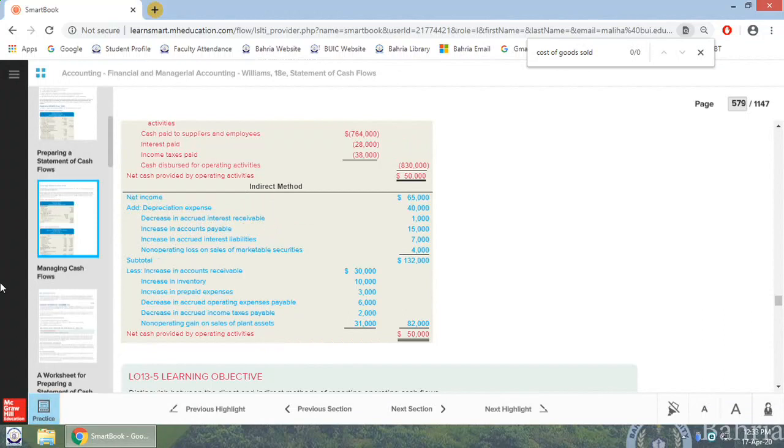So that means that now, although it is an asset, had it been increased, that should have decreased this net income portion. But since this is decreased, it means that you received some cash in lieu of the receivable and you settled it somewhere, so you're going to add it.